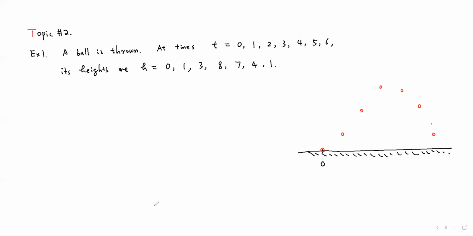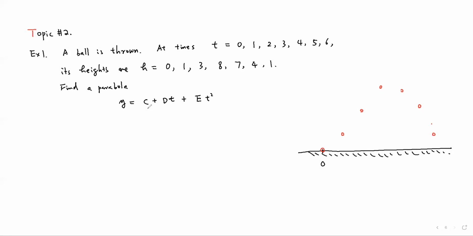Now the question is to find a parabola C + D t + E t squared.